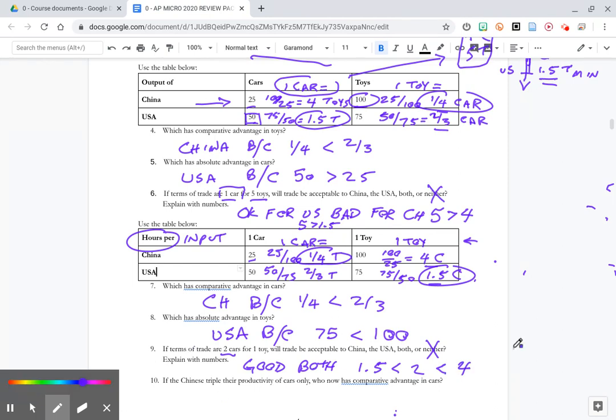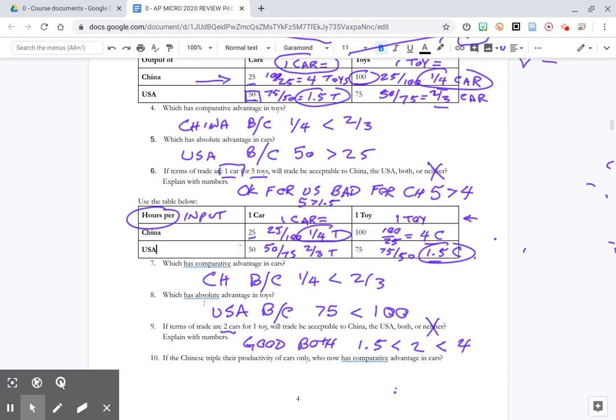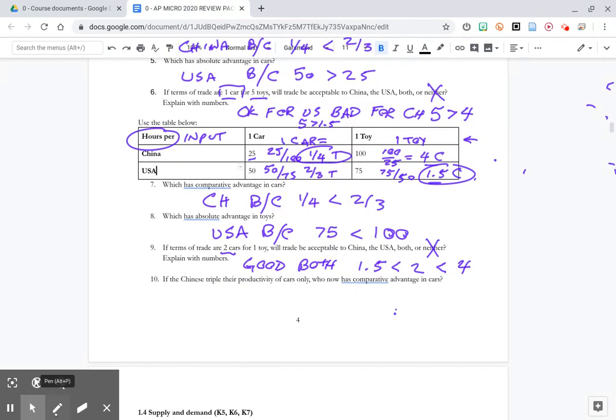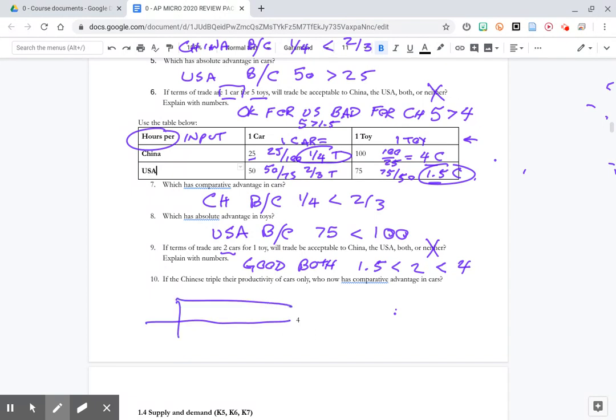Now, the last part, if the Chinese triple their productivity of cars only, now who has comparative advantage in cars? So in this one, we're going to really quickly redraw basically this thing up here. And I'm going to show you what ends up happening with it. So we've got China, US, and 1 car, 1 toy.